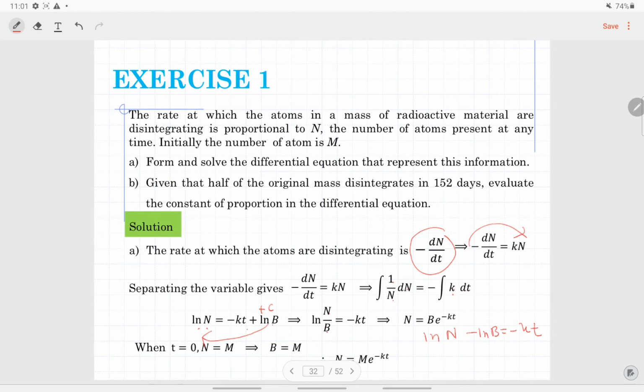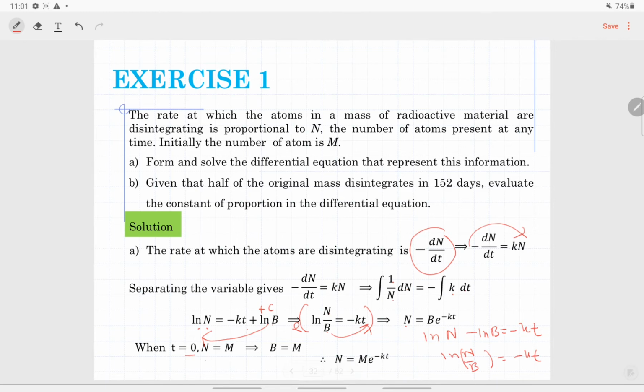So that's why here we get ln n over b equal to negative kt. Here we multiply both sides with exponential. So n, bringing b to the right hand side, n equal to b exponential negative kt.